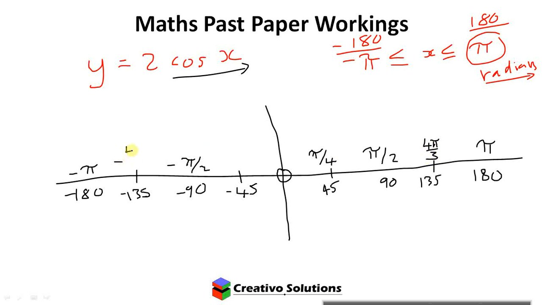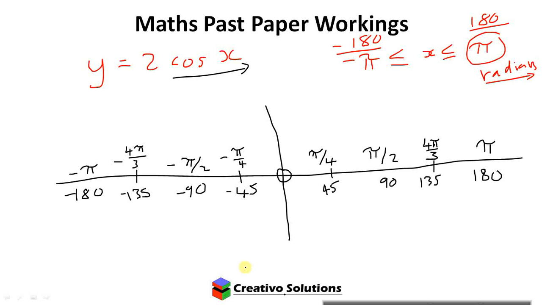So negative 4 pi over 3, and this will be negative pi over 4. Those are the key points. I want the degrees obviously because that's the easy one.